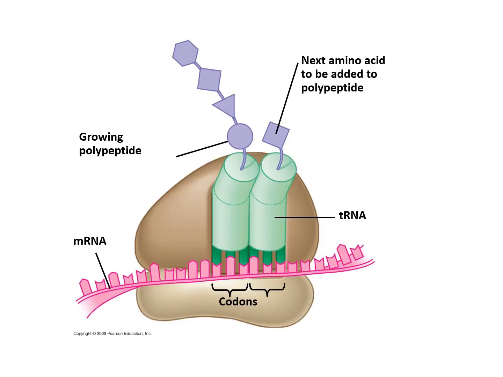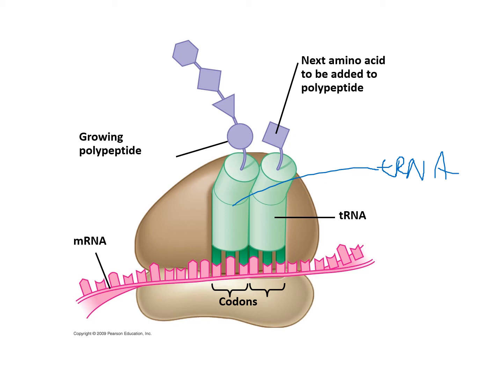Okay, so here you have the mRNA strand in pink. It's joined with the small subunit. The first tRNA, these are the tRNAs, will come with the first amino acid. It joins in the P site.